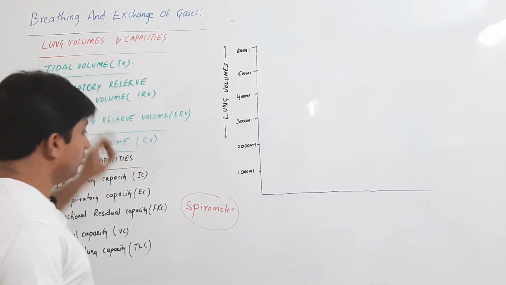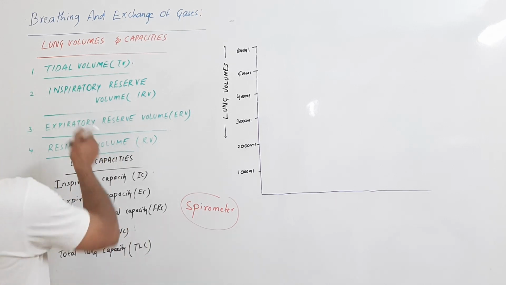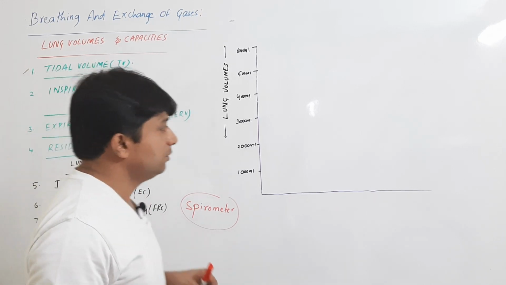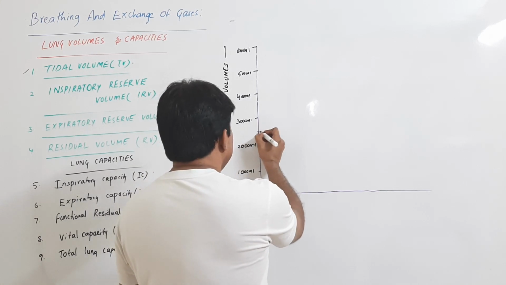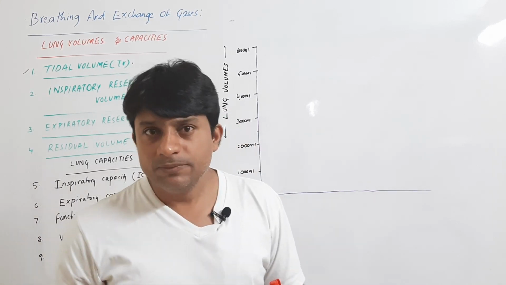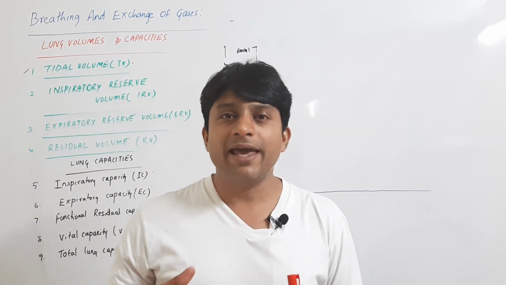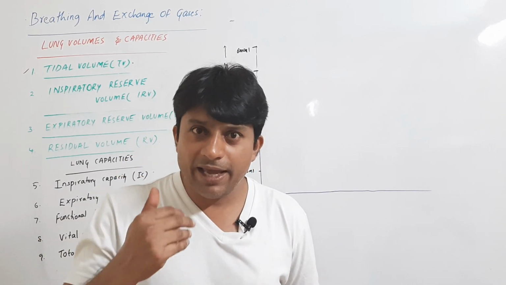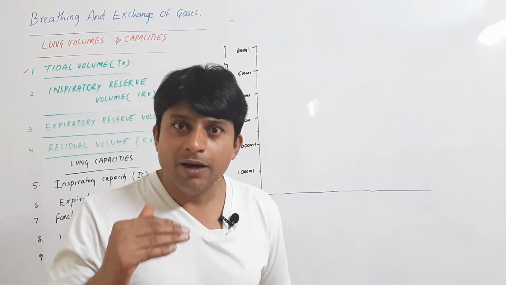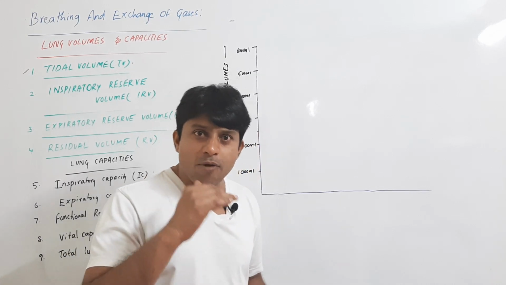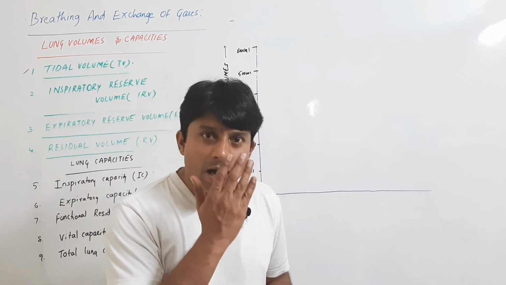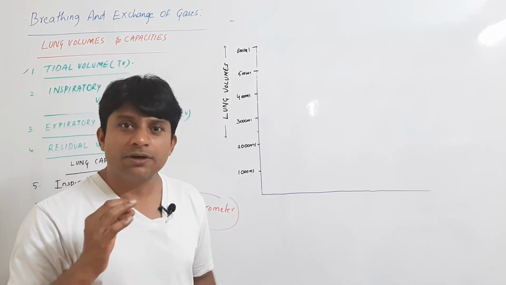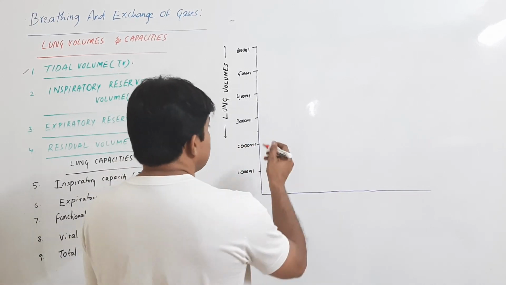So let us find out the first one, tidal volume, right? So look, what is this? Tidal volume is the volume of the air that is inspired or expired during a normal or quiet breathing. This is called your tidal volume, right? So what is tidal volume?